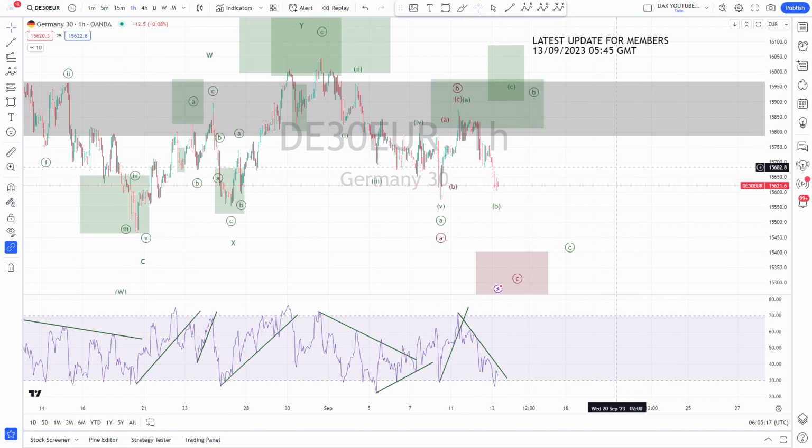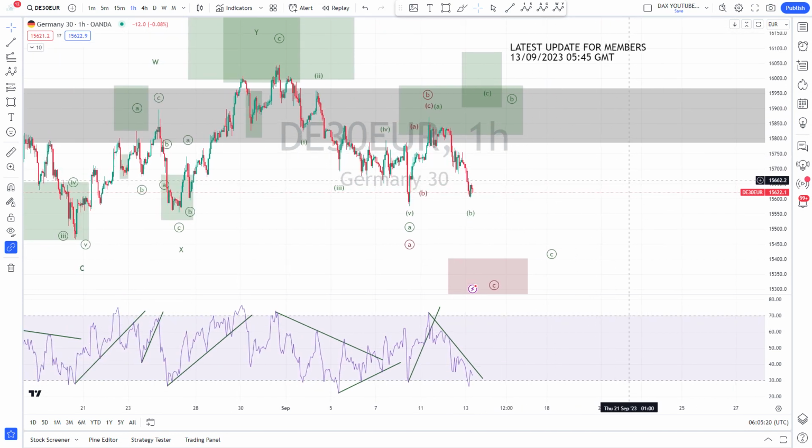So how does this then look? This is a primary scenario. So then I made a modification here in this count, or in this part here, to align it with this wave B scenario. So then I think we had our 1, 2, 3 here.